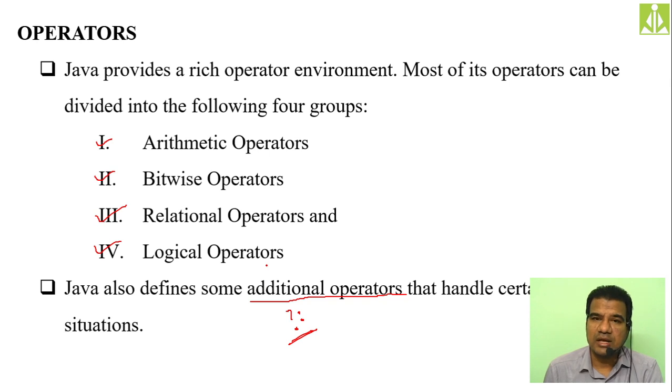So unary, binary, ternary, that is also a different type of categorization we have in the operators, but we go according to this one. We'll discuss all the operator categories based on this categorization: arithmetic, bitwise, relational, logical, and one additional operator type, that is the conditional operator.